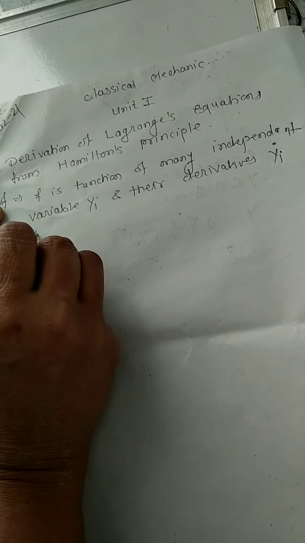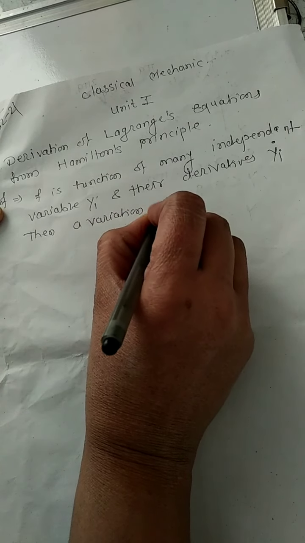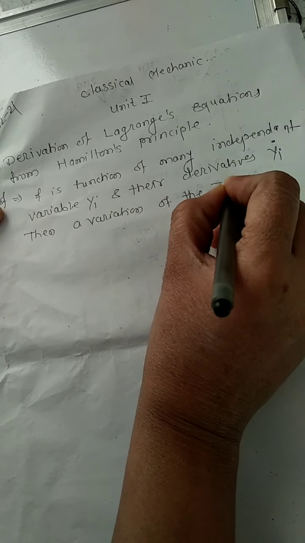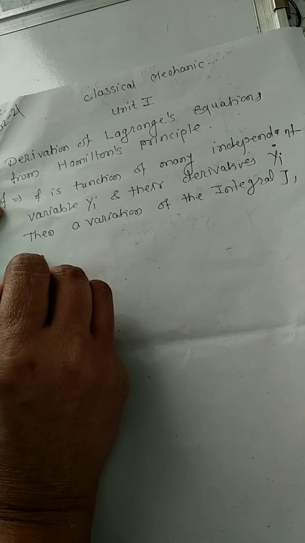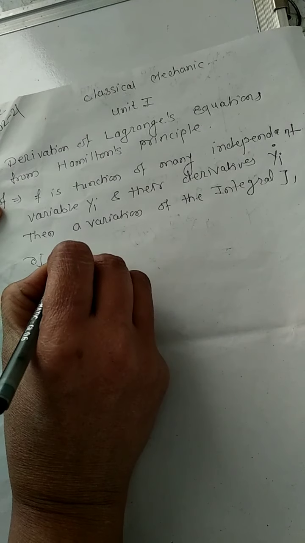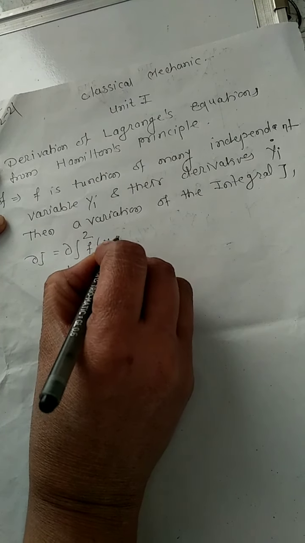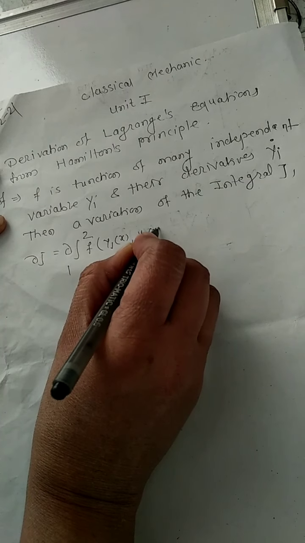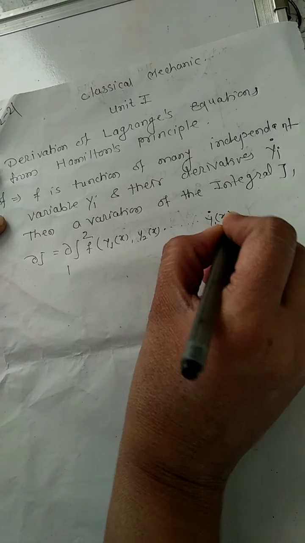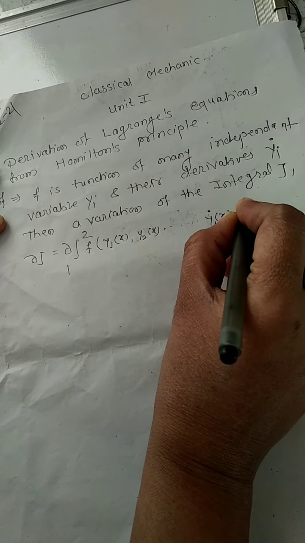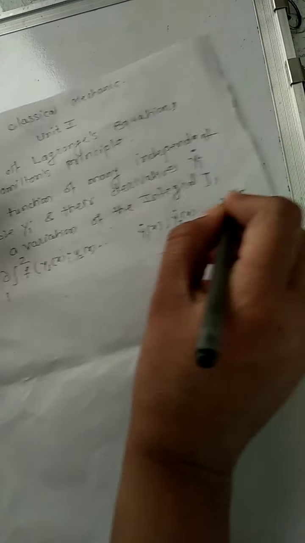Then the variation of the integral J, that is del J, is equal to del integral 1 to 2 of f of y1 of x, y2 of x, y1 dash of x, y2 dash of x, and so on, dx.